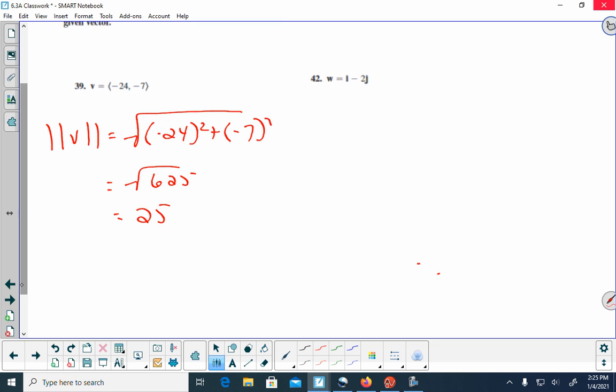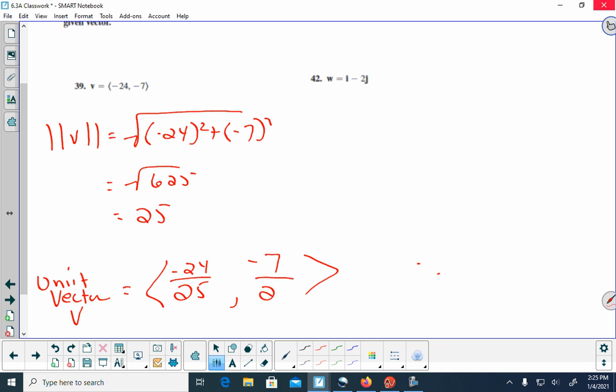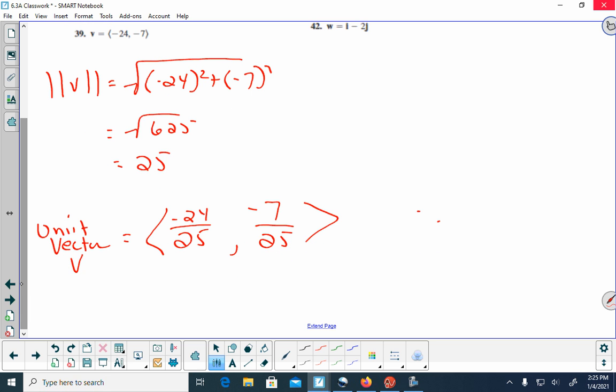So the unit vector v is going to have the same direction. This negative 24 and this negative 7 sends it in the same direction. But by dividing both of them by 25, it makes sure that the magnitude is only 1. Because if I go to find the magnitude of this, since I'm dividing them both by 25, the magnitude is 1. So that's the logic behind it.